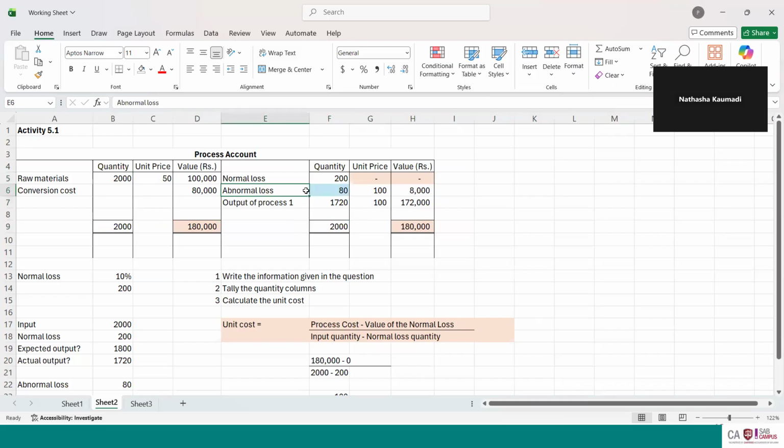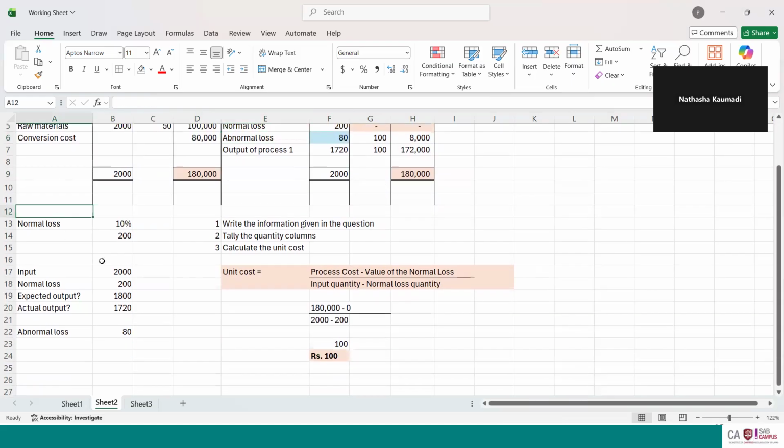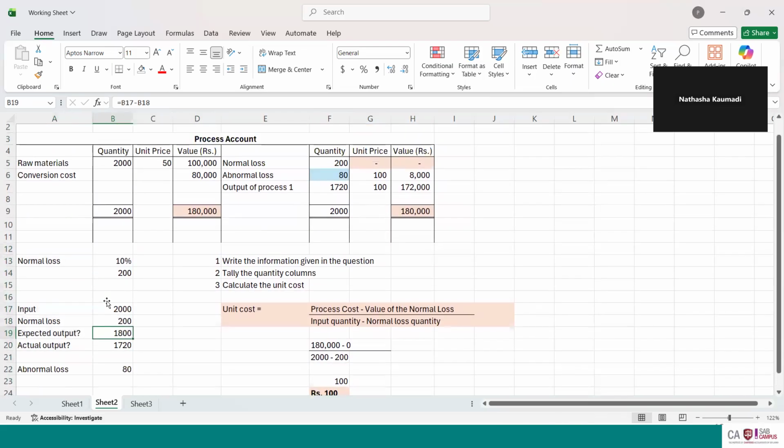And how do I understand this? Having a small working like this, when you practice this, directly you can identify whether this is an abnormal loss or what. Here, input is 2000, normal loss we calculated as 200. And then if we deduct this 200, which is our expected loss, then what is our expected output? 1800.